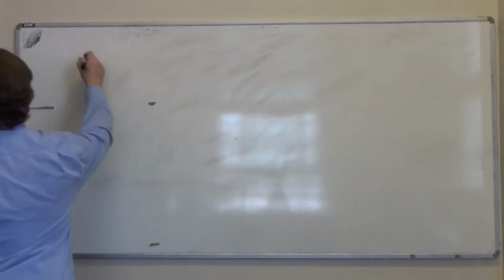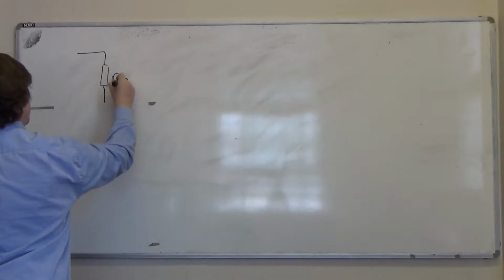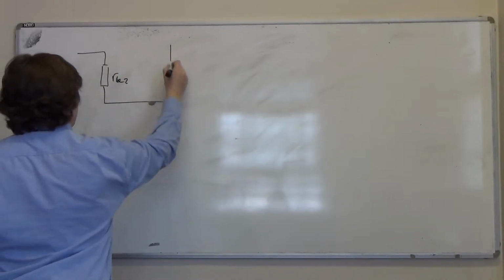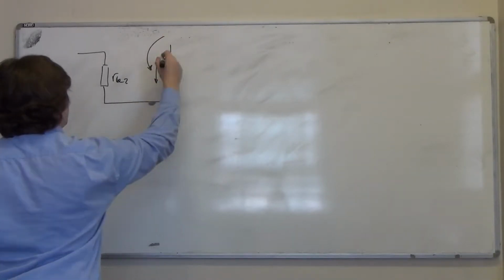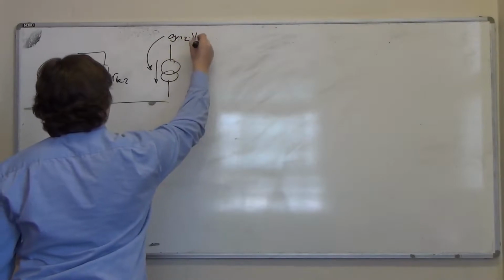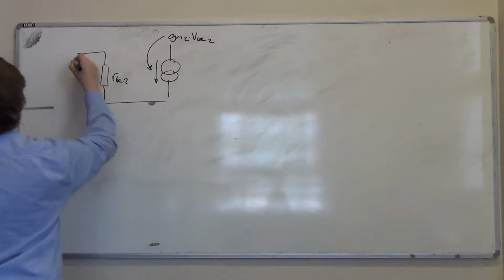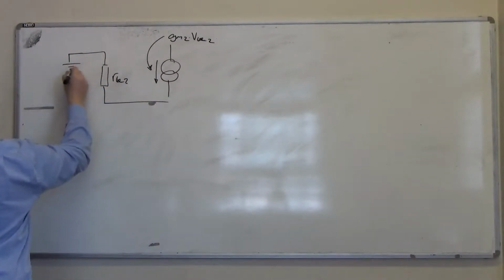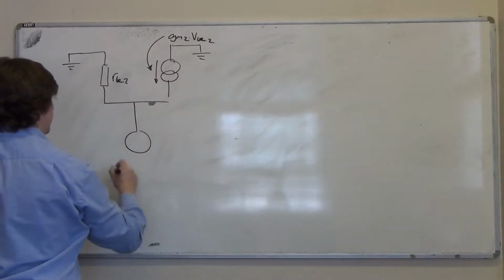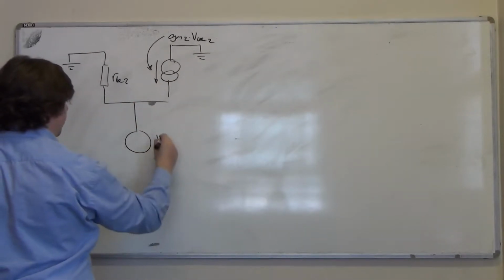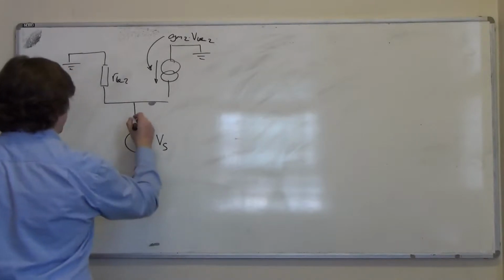So I've got my RBE2, my GM2 VBE2. This is connected to the ground, this is connected to the ground, and I've got a voltage source here which, let's call it VS. And there'll be a current.